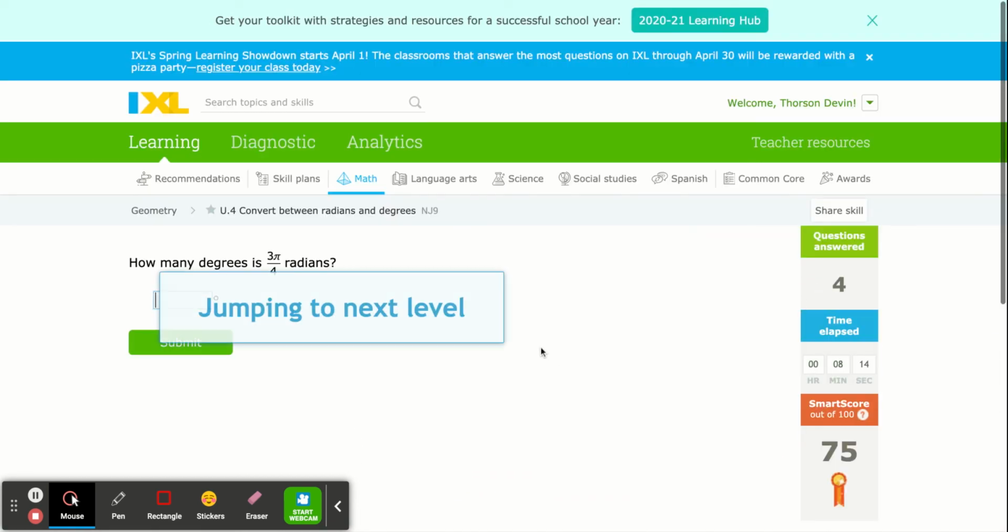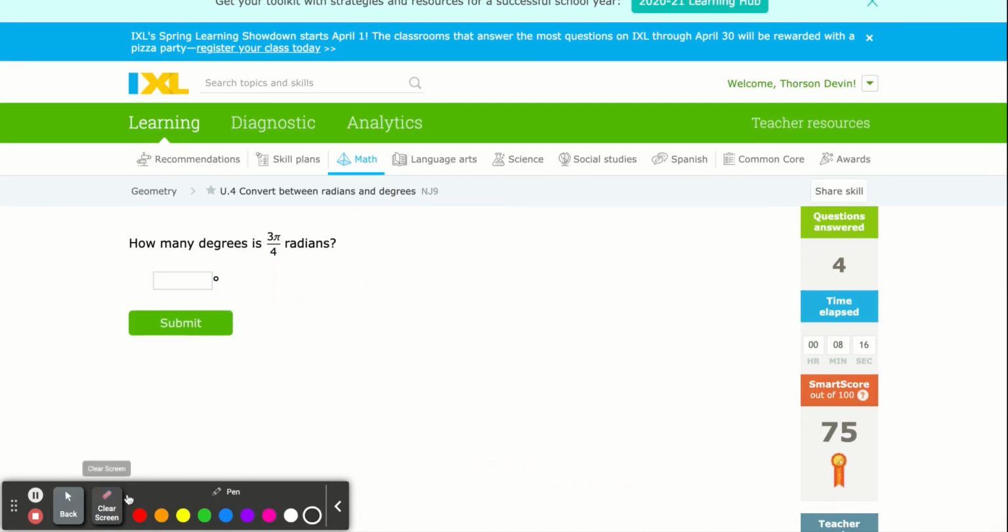Going to jump ahead again. So here we have 3 pi fourths. We want to get it into degrees, so I multiply by 180 degrees, put the degrees on top, over pi radians, and then the pi's cancel, and 4 has a factor of 2.